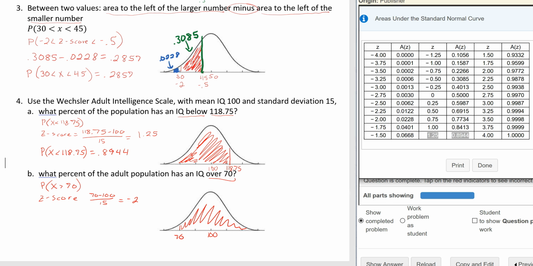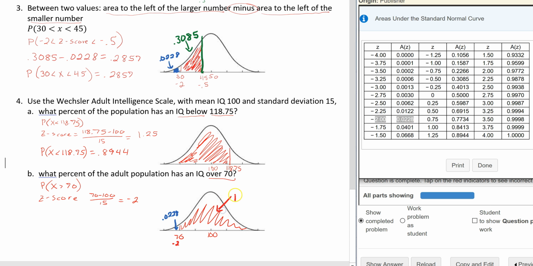First, I'm going to need to find the area to the left of that 70. Remember, 70 is associated with a z-score of -2. So on my table, I'm going to come over to -2, find the area to the left of -2 is 0.0228. And I want the area to the right.